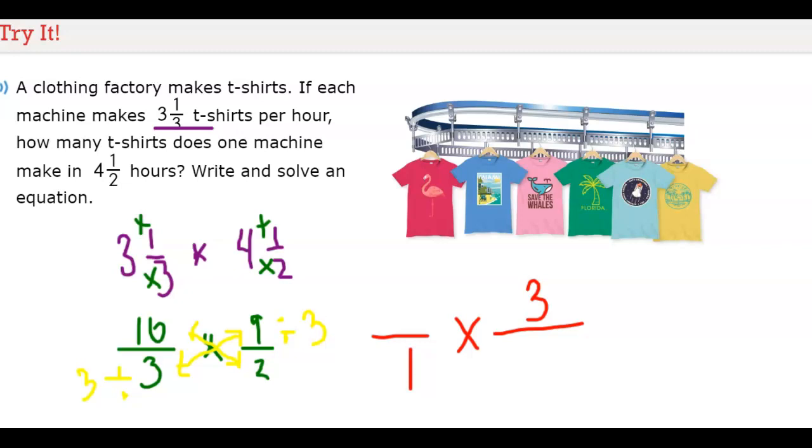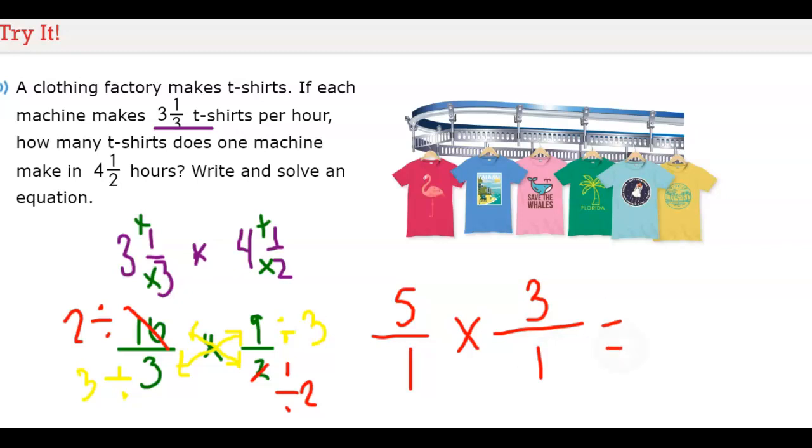Now we look across at the 10 and the 2. What is the greatest common factor of 10 and 2? It would be 2. 10 is a multiple of 2, but it's not a factor of 2. So 2 will be divided by 2, and then 10 divided by 2. 10 divided by 2 is 5, and then 2 divided by 2 is 1.